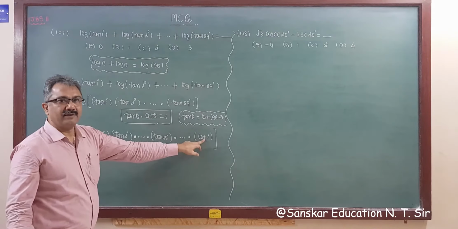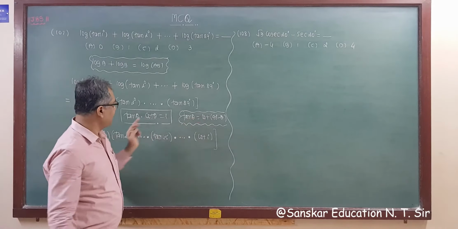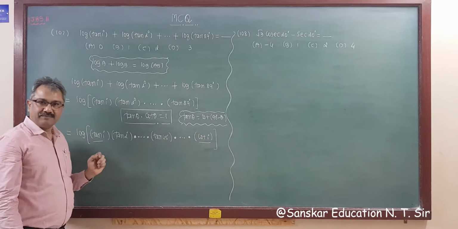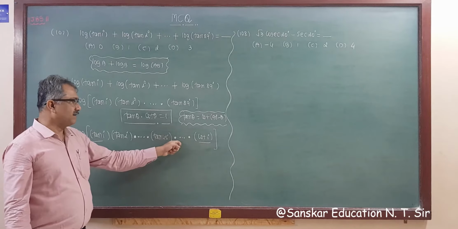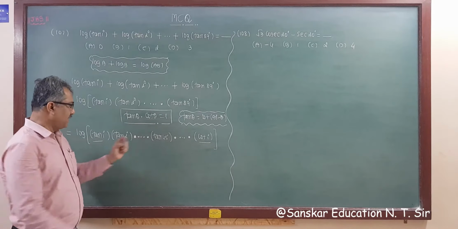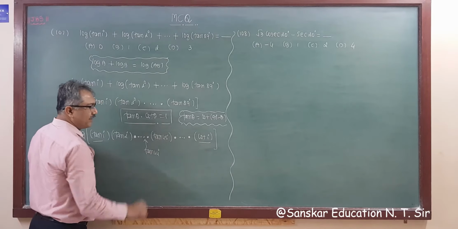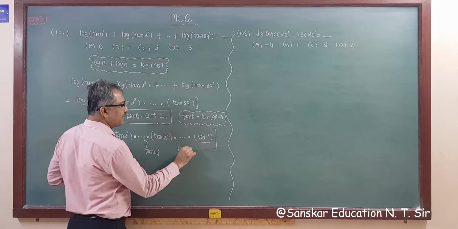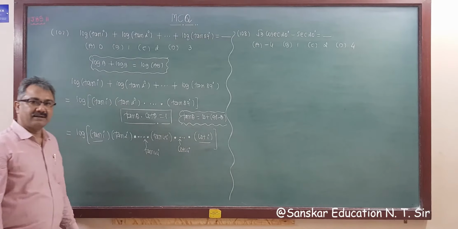So tan 1 into cot 1 is 1, tan theta into cot theta. Tan 2 here has cot 2, here cot 44, here tan 44. Here the hidden term is tan 44, so here you will get cot 44 also, then tan 45.